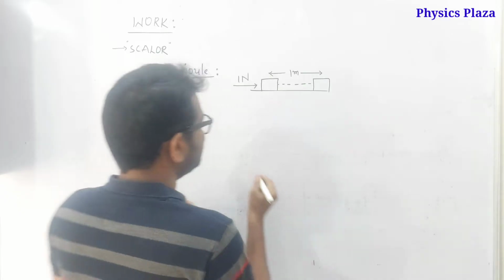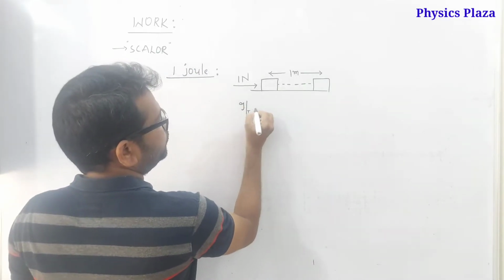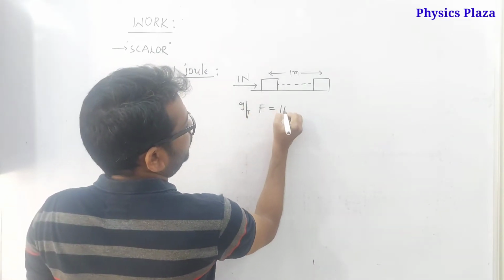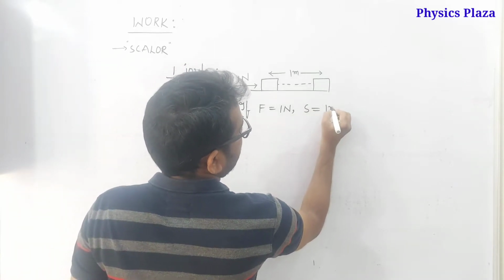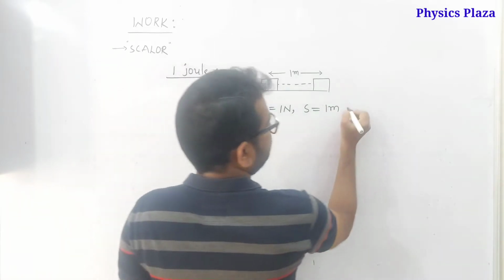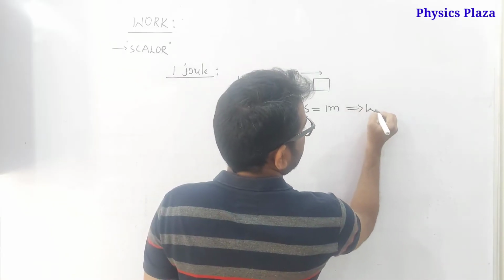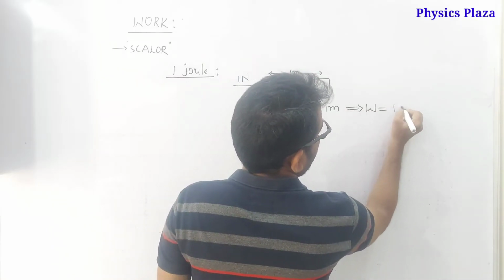It's very important. I mean, if a force of 1 Newton is acting on a body so that the body is displaced by 1 meter, then work is said to be done, children, 1 joule.